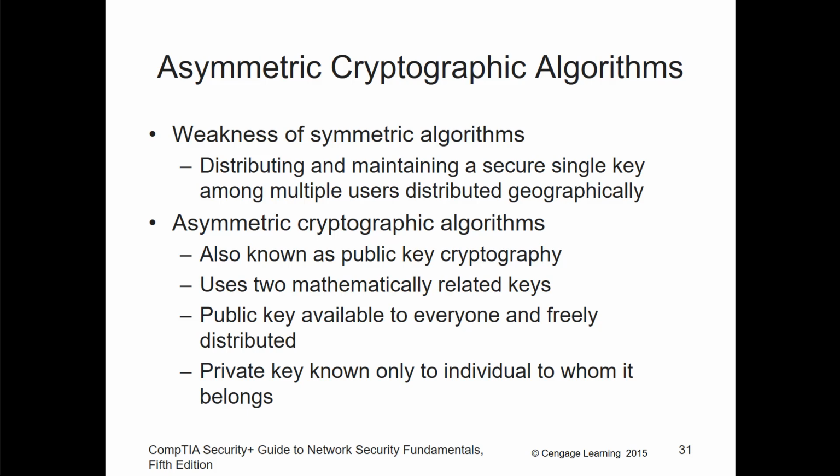Well, we have what's called asymmetrical key cryptography algorithms, and this is known as public key cryptography. It uses 2 mathematically related keys, one public key, which is available to everyone and freely distributed, and one private key. The private key is known only to the individual to whom it belongs.